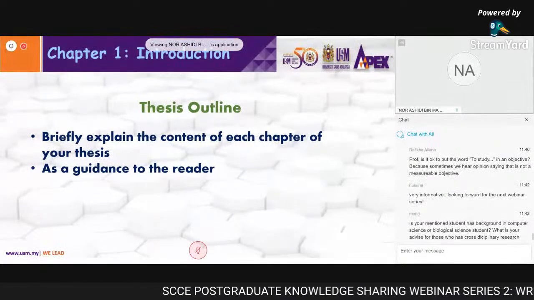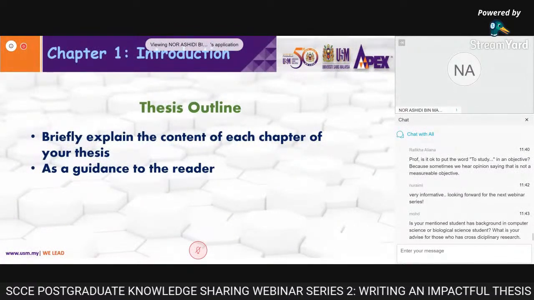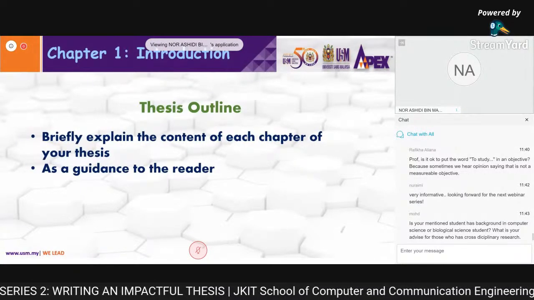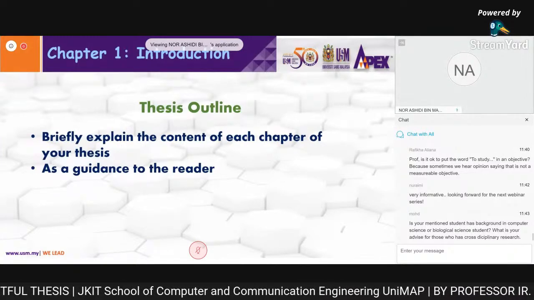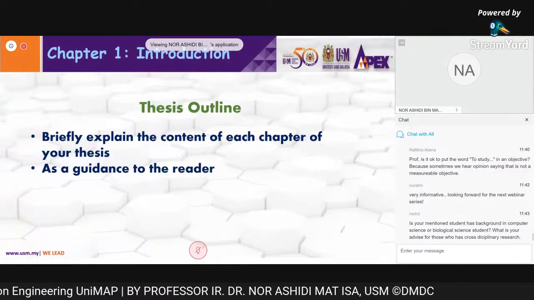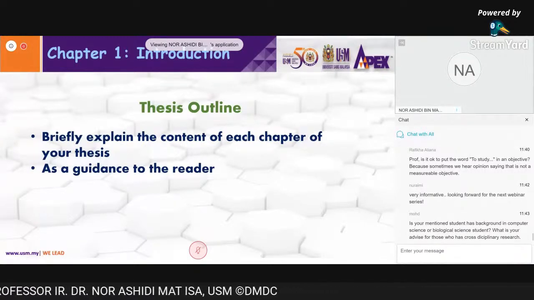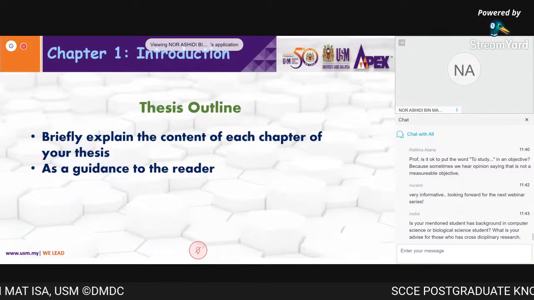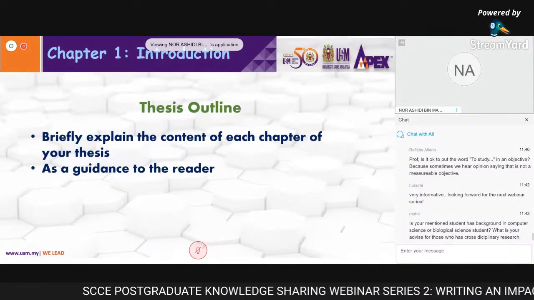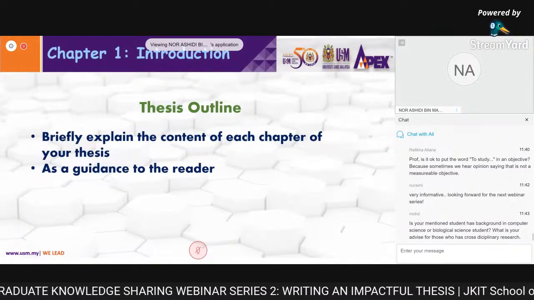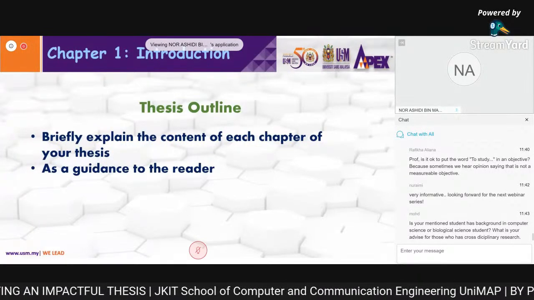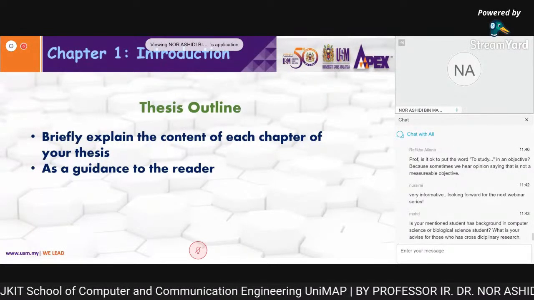So the objective will help you to design your methodology. For the objective, what are the criteria to be put inside your methods? These are the elements to be included in your method. Based on that requirement, you will design your methodology. So that is the importance of the research question.